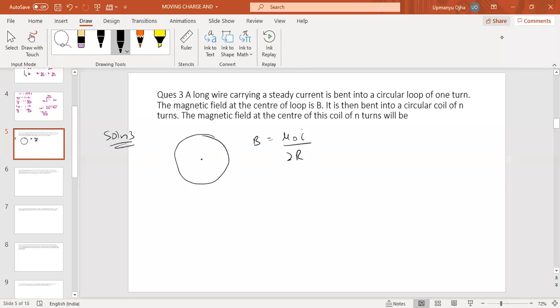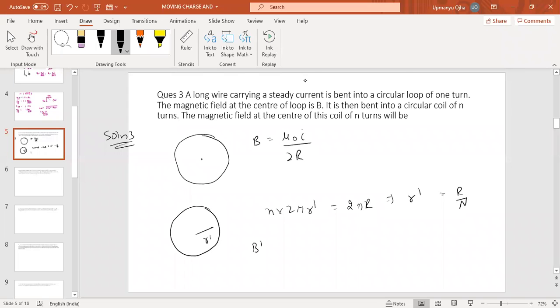Now if I turn this loop n times, bend it to n turns, we can write n into 2 pi r dash, where the new radius of the coil is r dash, equal to 2 pi r. So from here we get the new radius r dash as r by n.